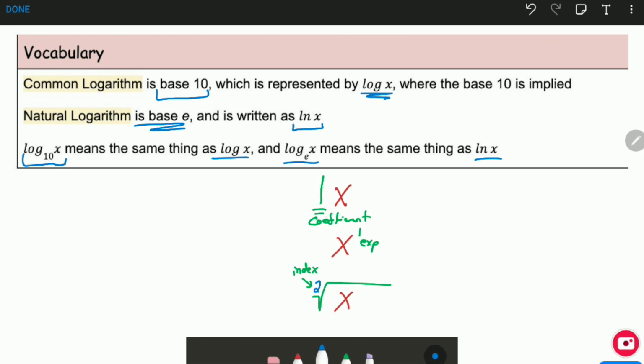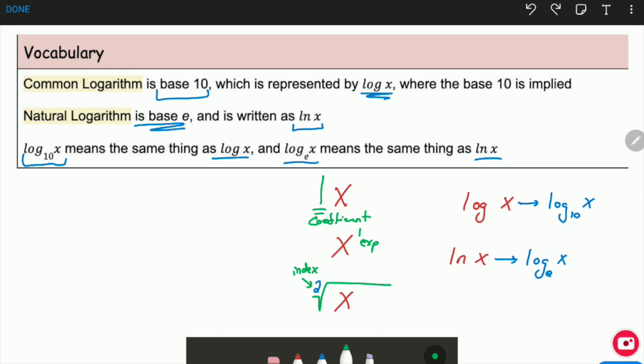And now we have two more implied numbers that we'll be using. If it is log of x, it's implied to be log base 10 of x. And if we have ln of x, it's implied to be log base e of x, which you'll often see a lot of people just write the e down below, myself included.